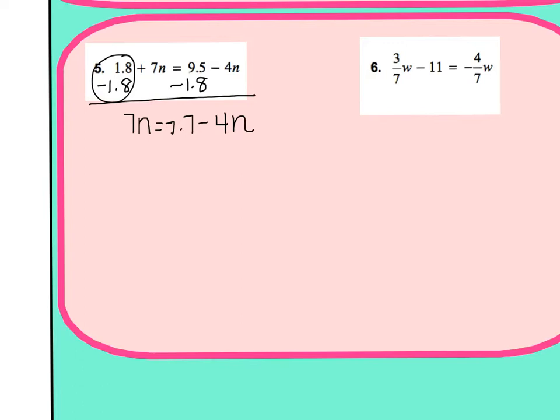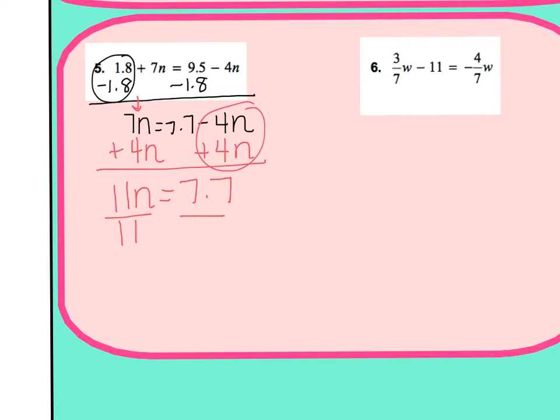Now we want to get our n's together. Because the n's are on the left side by themselves, I've got to move my minus 4n over, so I'm going to add 4n to both sides, which leaves me with 11n equaling 7.7. Finally, I have to divide by 11 on both sides, and n equals 0.7.